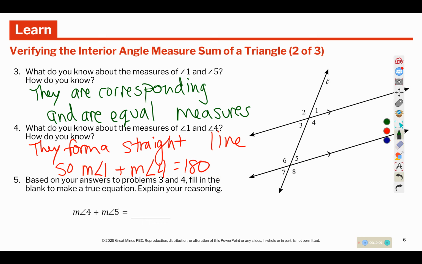We're swapping out the 1 with angle 5 in this equation because they are equal in measure. So those two add up to 180 degrees.